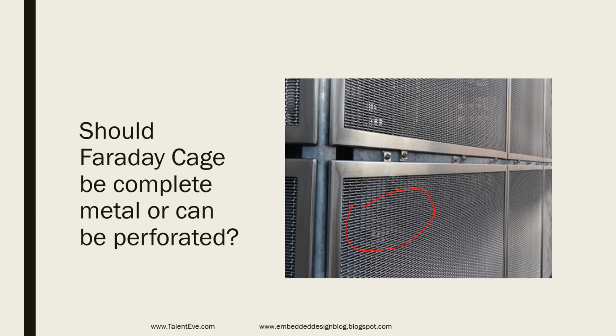So when can we use these perforated cages? What are the use cases? Using a metal case is the best scenario, but in case you want to use a perforated shield for your devices, these perforated shields are basically small holes on the metal enclosure, where the hole dimension, for example if you see here, this is a small hole, determines the kind of wavelength that it can pass through.